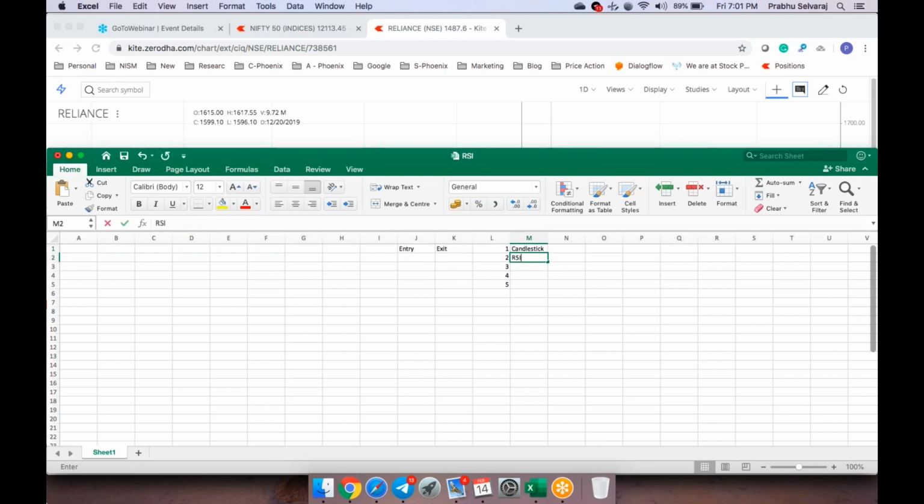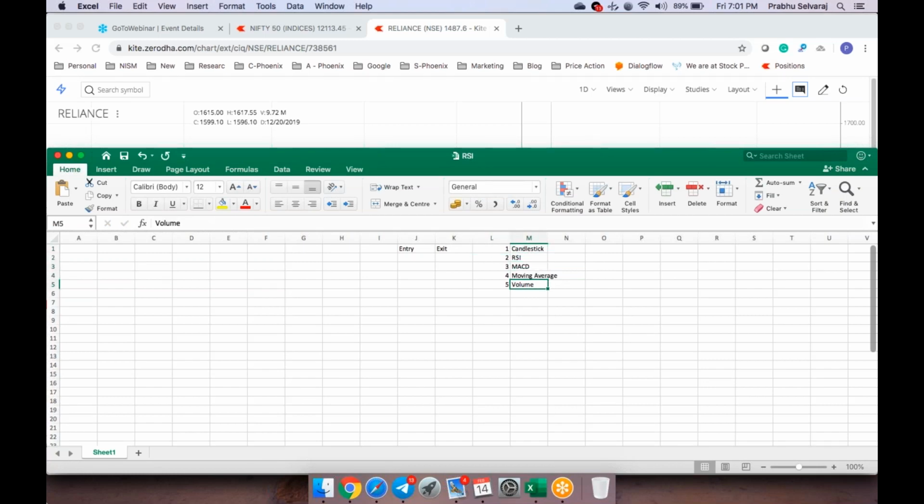Then you have to check with RSI, MACD, moving average, and volume. You have to pass these five gates for every entry, and it has to be in serial order: candlestick, RSI, MACD, moving average.